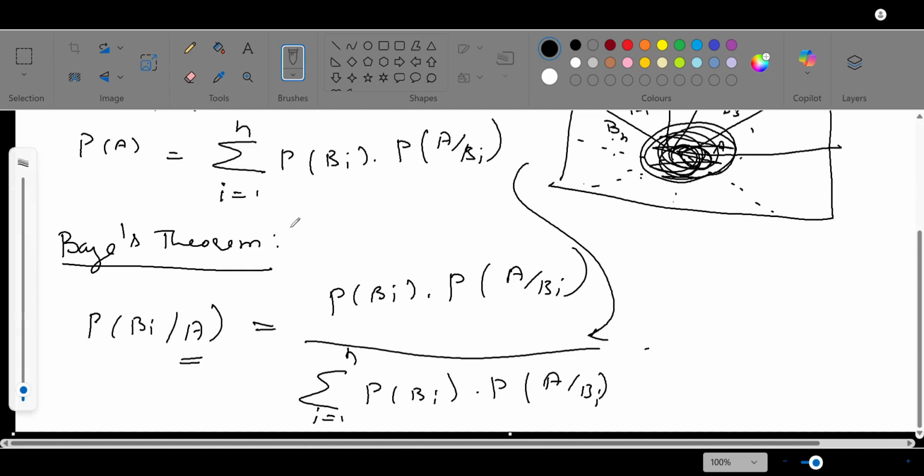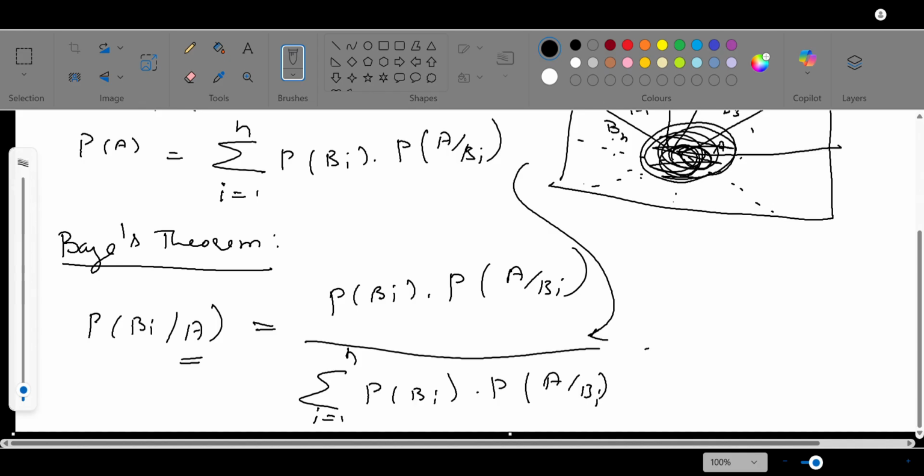When you simplify, you get 0.3623. This comes by Bayes theorem. This is an important topic. Likewise, you can find P of B by D and P of C by D as homework.